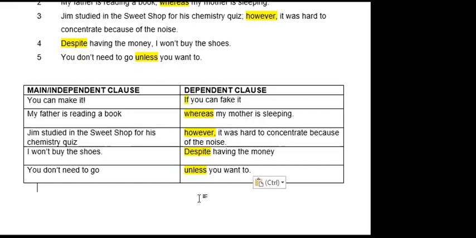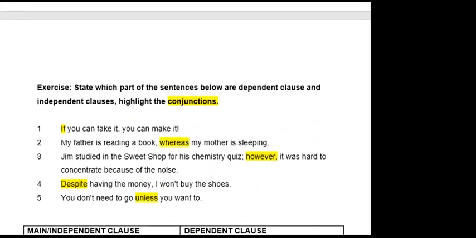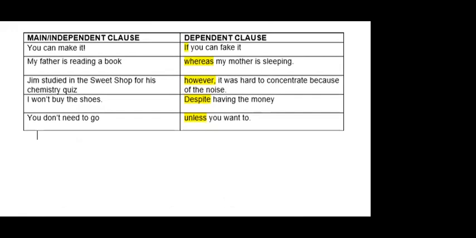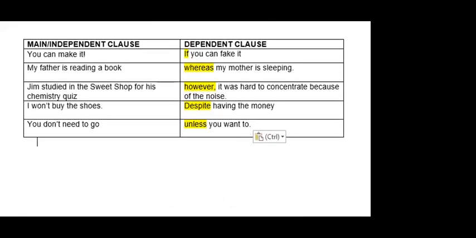Good, Chloe. Well done. All right, so guys, for homework, you are going to complete all of these for me, right? Do the same thing that we've done together. Look for the conjunction, highlight the conjunction, and then add your dependent and independent clauses on either side of the table. And I have provided a table for you guys over here.